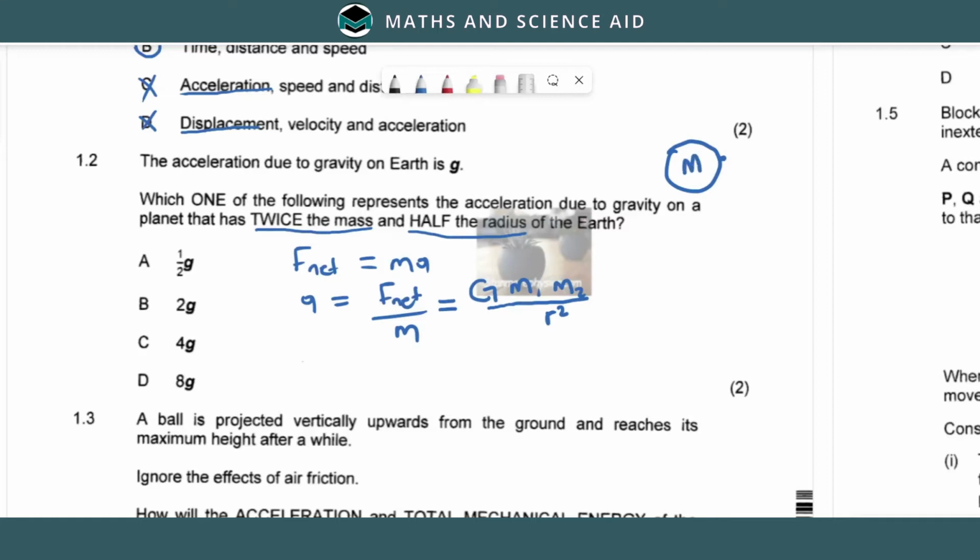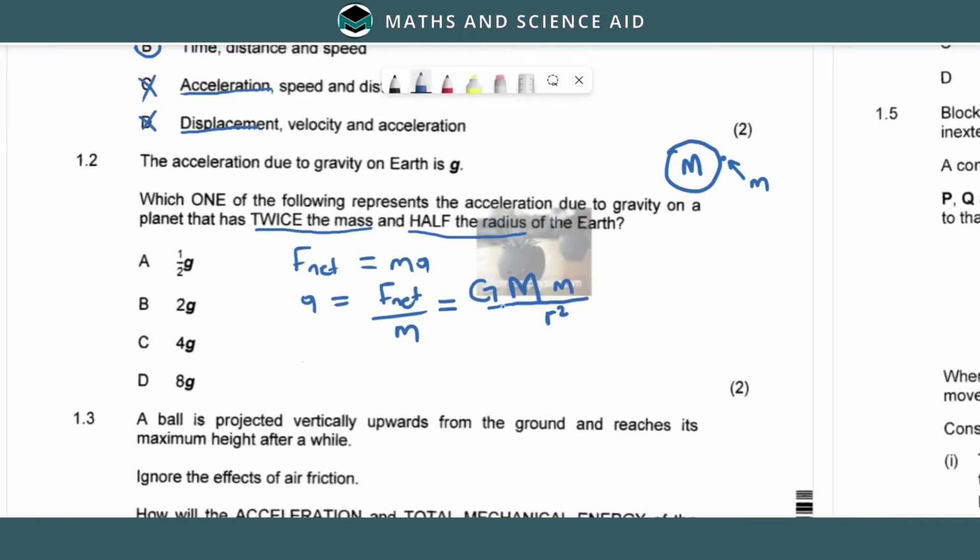So this planet, let's give it a capital letter M instead. So instead of M1, for example, here, let's write capital letter M. And then for the object on the surface of the planet, we will say it has a mass of small letter m. So we'll just leave that as small letter m.